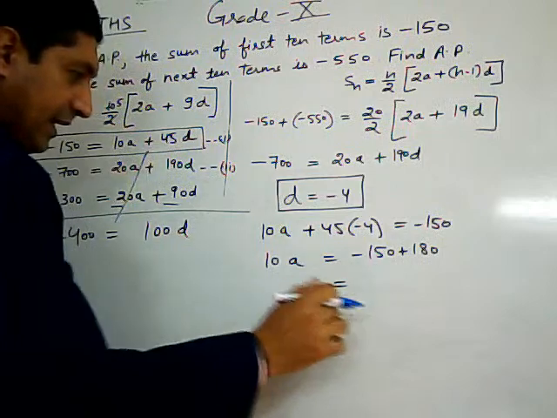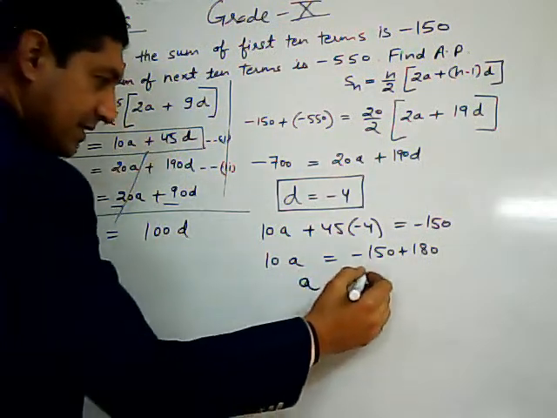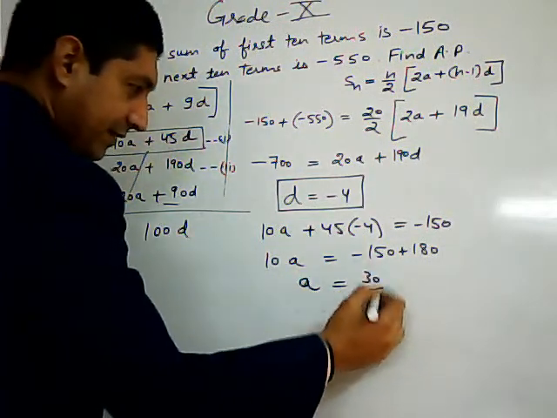The value of a is 30 divided by 10, that is 3.